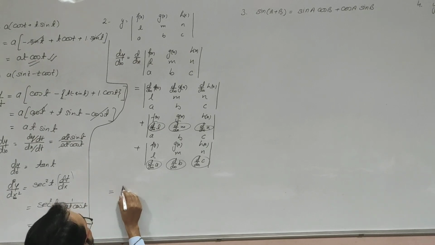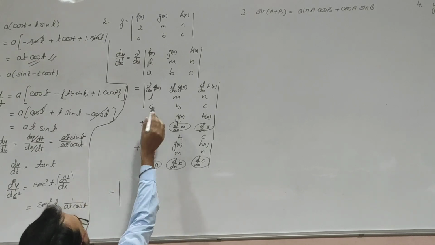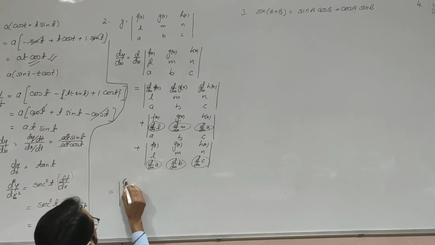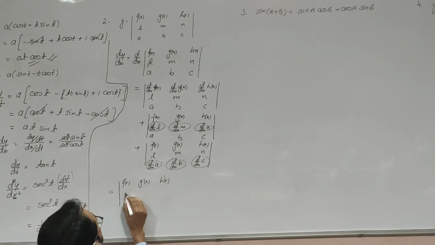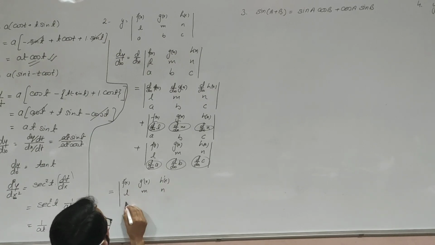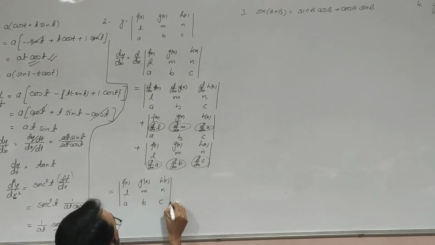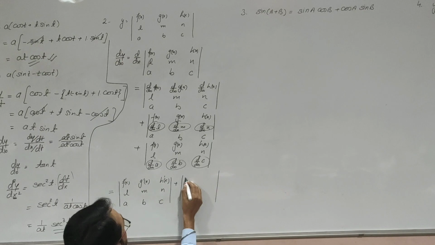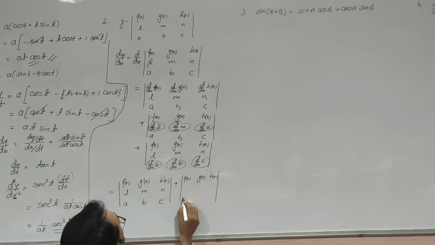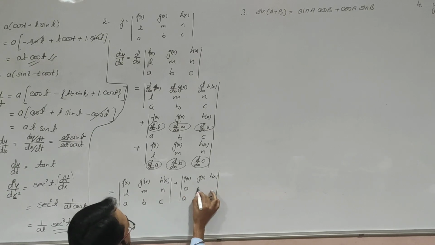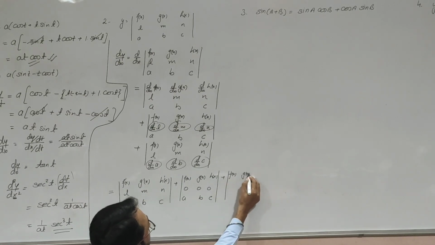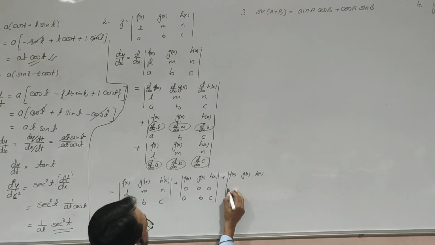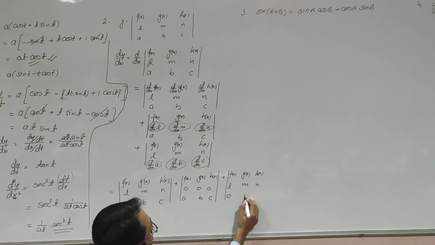So the result will be, the differentiation of f(x) can also be written as f dash x, g dash x, h dash x, with L M N and A B C, plus f(x) g(x) h(x), A B C, 0 0 0, plus f(x) g(x) h(x), L M N, 0 0 0.